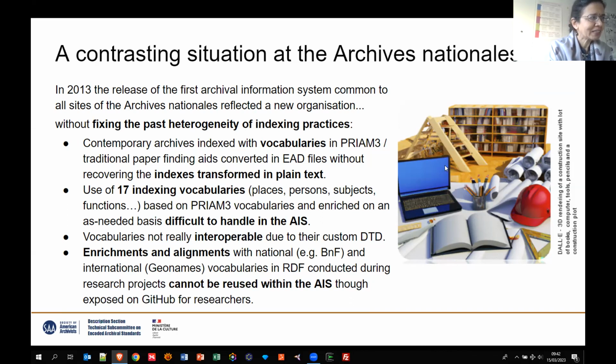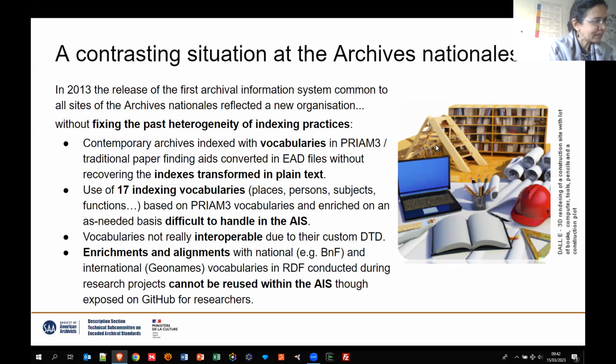There are several reasons for this. Weakness of the software functionality, which doesn't offer an overview of indexing in the stock or doesn't allow mass modification. The 17 indexing vocabularies are difficult to handle and often inadequate.